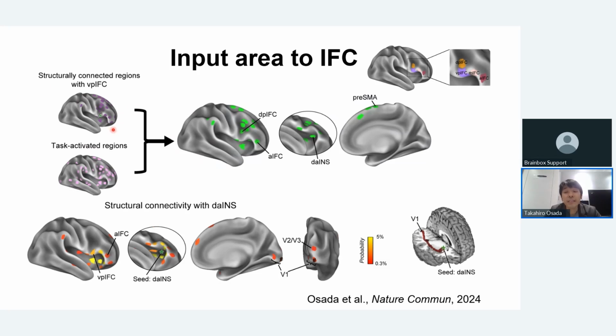Structural connectivity data was then thresholded based on the task activation. 19 areas were identified as having both structural connectivity with the VPIFC and task-related activation. Among these 19 areas, the dorsal anterior insula was the only region connecting with the V1, primary visual cortex.